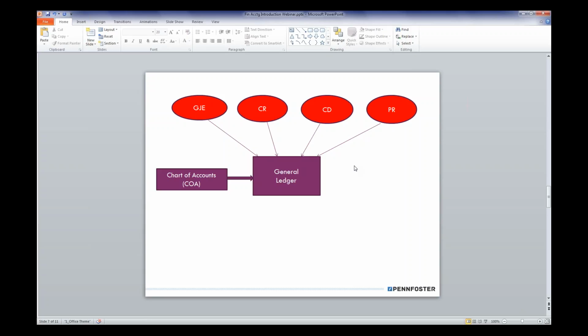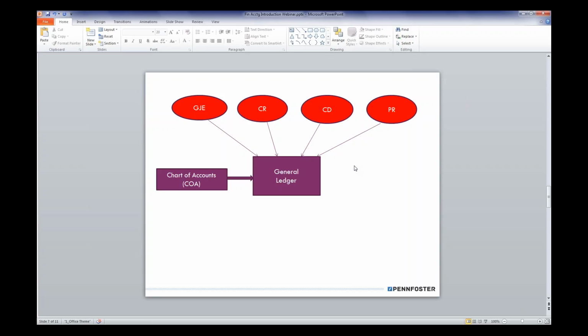However, let's say I have a 100-unit apartment building instead. Now I have a lot more transactions, and because of that, it makes sense to create additional journals, called special journals. We create additional journals and group like information together in that particular journal.